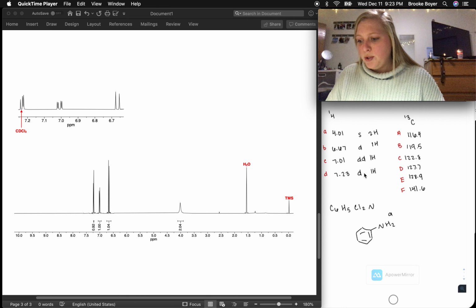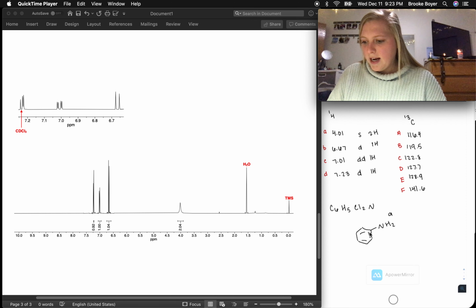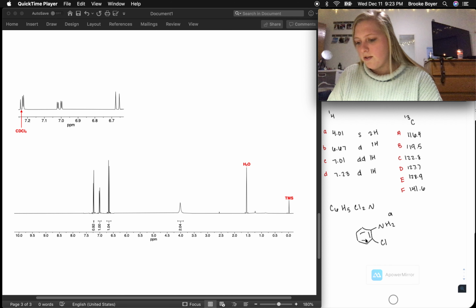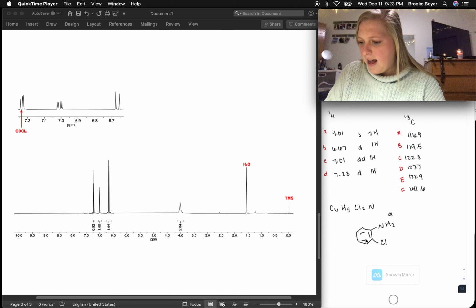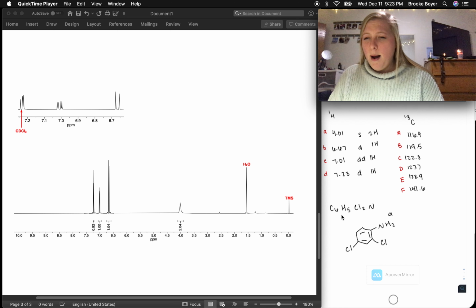And we also have 2 chlorines, and we know that there's no other carbons except for the carbons in this ring. So we'd have to figure out a way to have no symmetry. So I would predict that there would be a chlorine next to the amine group, as well as a chlorine one away.